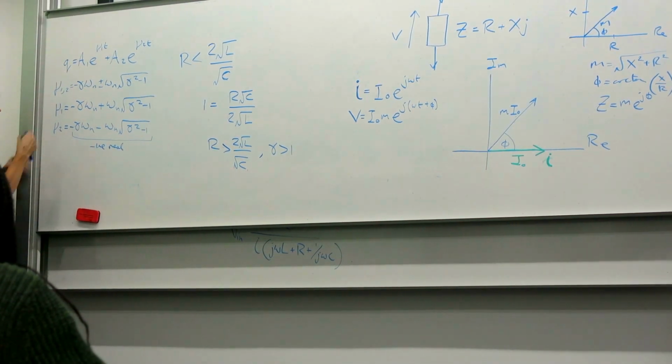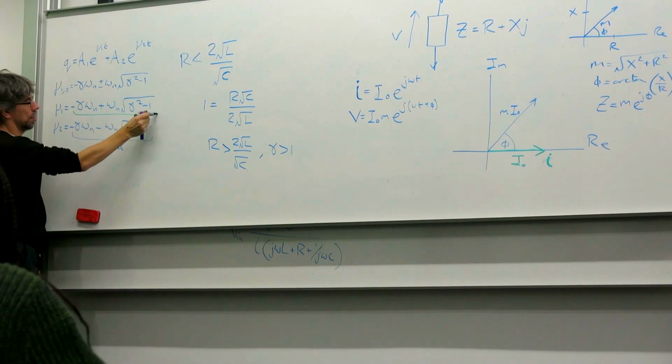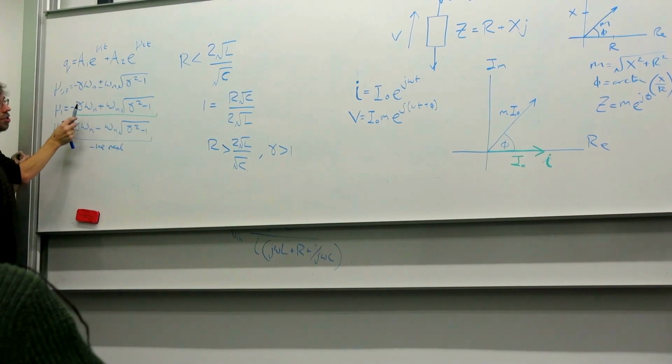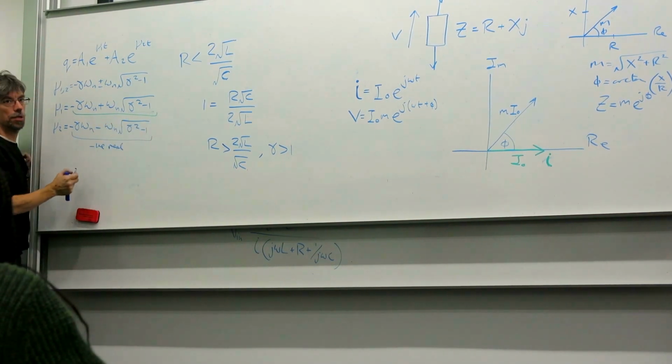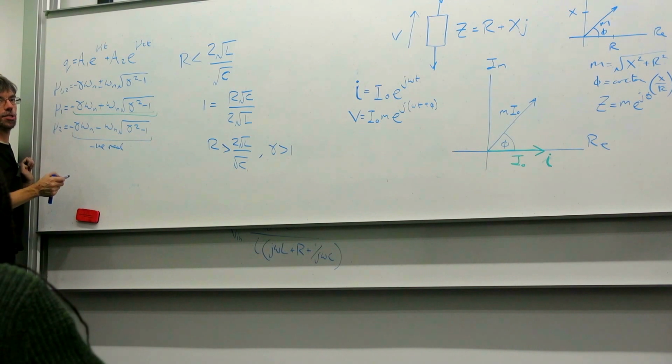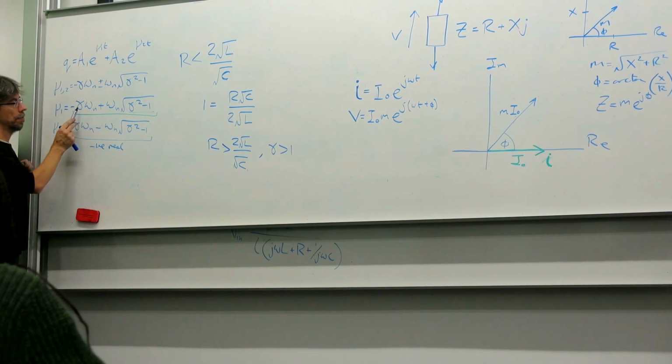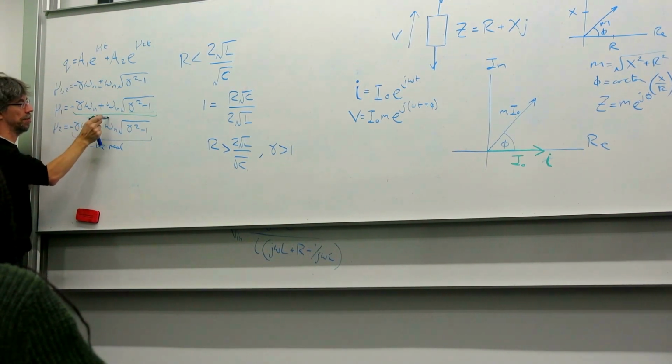Looking at the one above it, we've got something that's minus and something that's plus. However, gamma squared minus 1 square rooted will always be slightly less than gamma. So we've got minus gamma omega n plus omega n times something that's less than gamma. So this will also be negative and real.